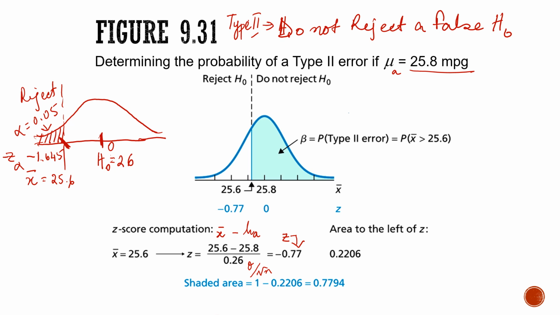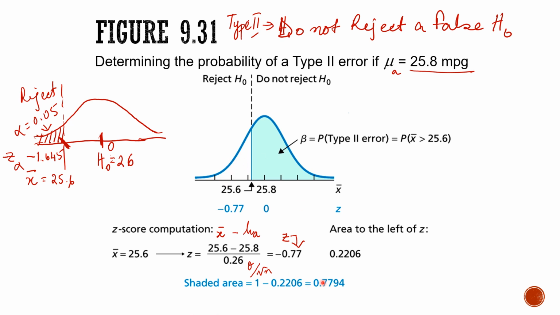So if you're using the table, first find the area to the left and then perform 1 minus whatever area is to the left, which will give you the area to the right. So this is the area, right? Your table, keep in mind, only gives area to the left.